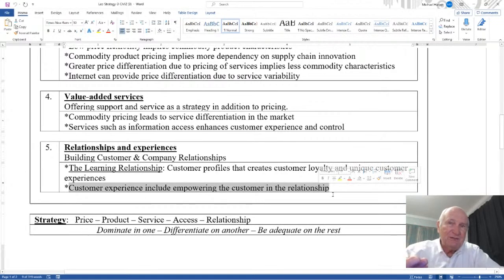Let them make decisions, since if you can create an agile, responsive supply chain, then you can shift more decision-making power to the customer, because you have the ability to respond to those decisions.